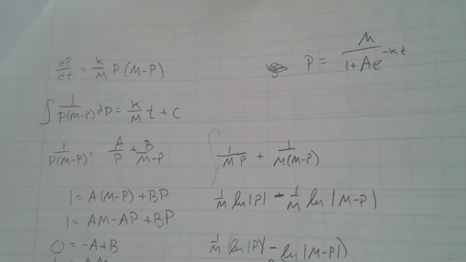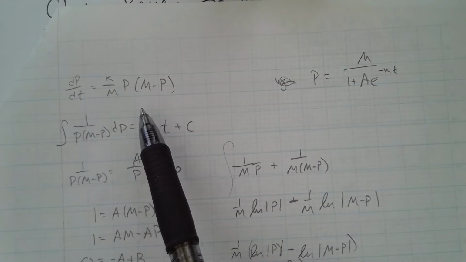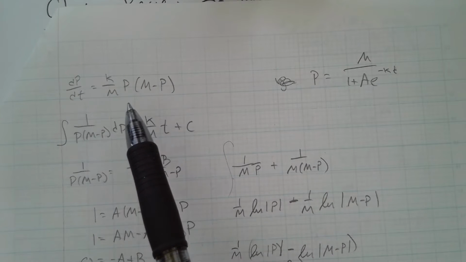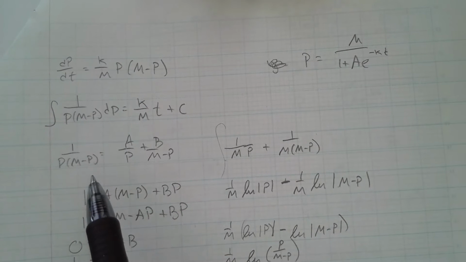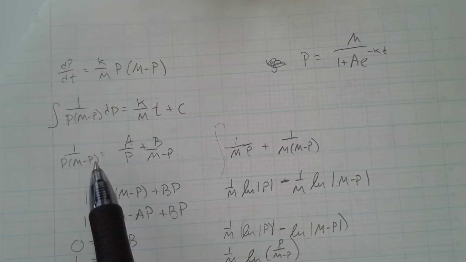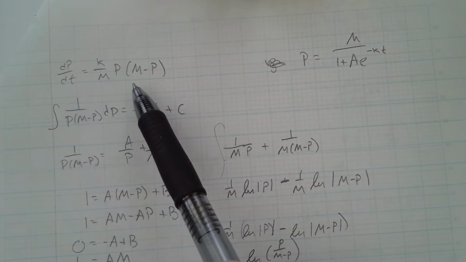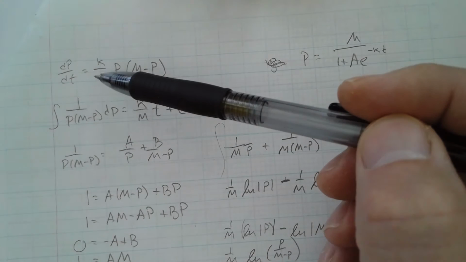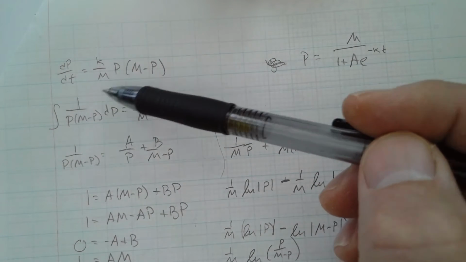Just to show you, if you're given something like this as our differential equation, we can move the p's over and integrate it, so you'd have to do partial fractions. This is just the general formula, one of several general formulas; sometimes they'll multiply by p, sometimes they'll divide by p.